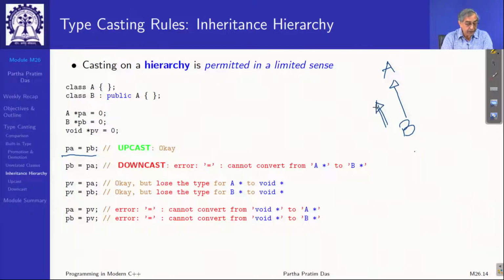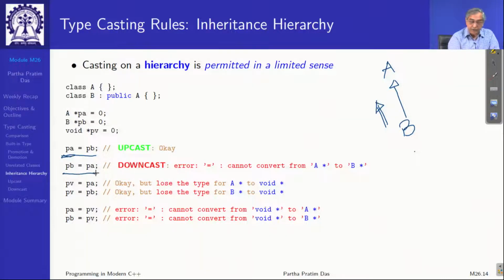So, actually PB is pointing to a B object, which has a base which is A, and then whatever additional. So, if I treat this as an A object, then I do not lose any information, because the base part is already there. Only restriction would be that I will deal with the base part.